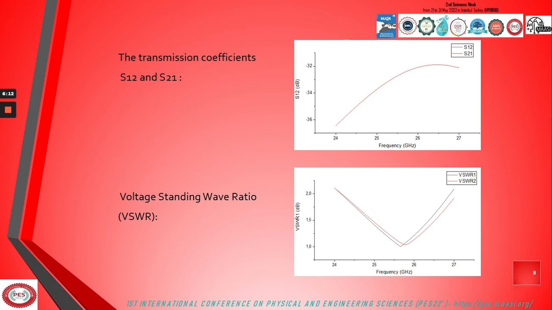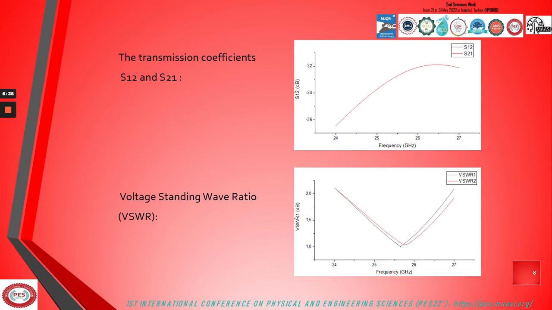Next, we will check the S12 and S21. They are transmission coefficients. They have to be largely under -10, which is the case, and we can check that the maximum that they reach is -32 dB in the wanted band. We have next voltage standing wave ratio.